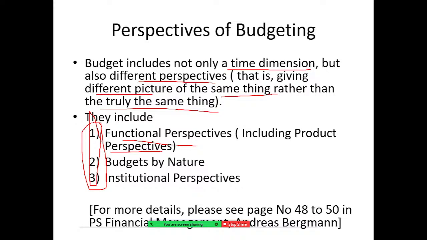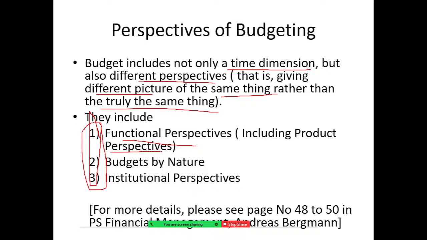Budget by nature. There are expenditures like salaries and wages, and income in the form of tax and foreign funding, and capital expenditure, interest payment, loan payment. Those are how the government allocates money. So this is budget by nature.